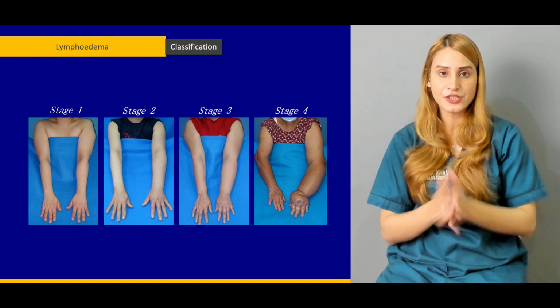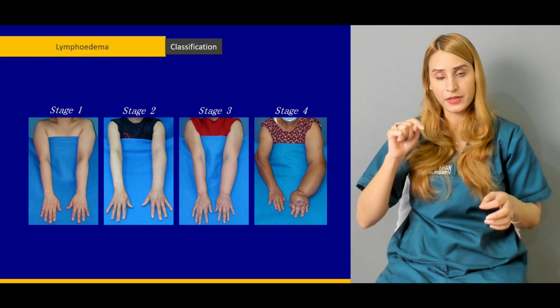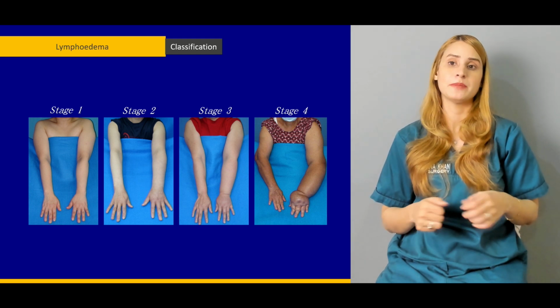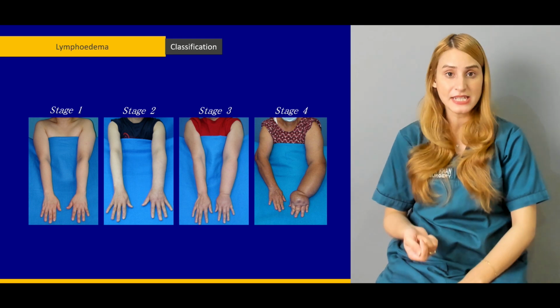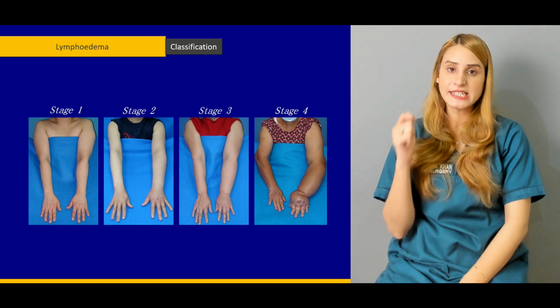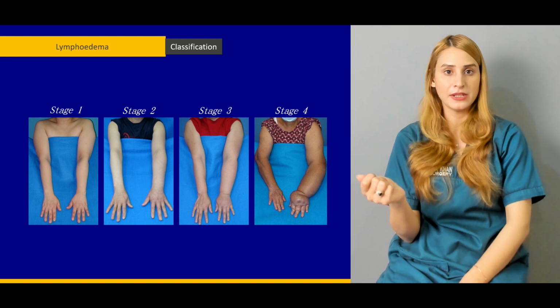In case of stage 2, if you try to press the part of the lymphedema, there would be depression or there would be pitting. So if there is pitting, this is stage 2. In stage 3, if you try to press that skin, the skin is so hard and there would be no pitting.